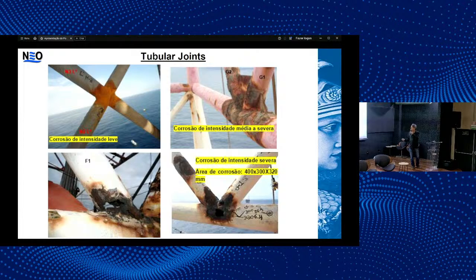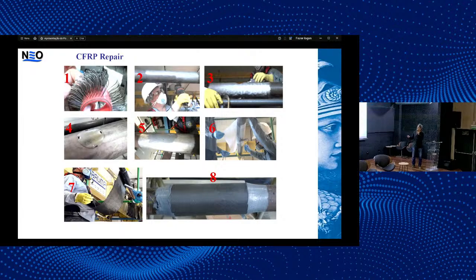So how to repair it, how to dimension the material and the thickness of the repair to restore the strength. So we have done a long experimental campaign, a numerical campaign. I'm sorry I cannot go into detail here.